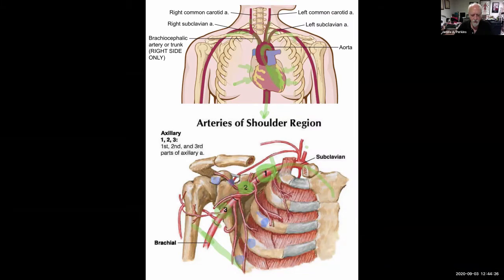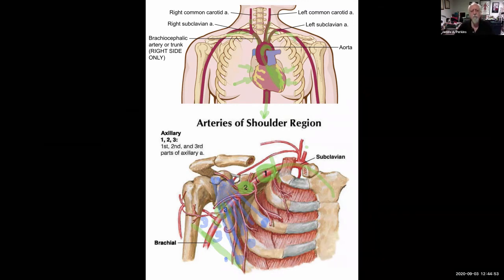So the pectoralis minor would be sitting about like so. That should be the second part of the axillary artery, the part that lies immediately posterior to that pectoralis minor muscle. So the third part should actually be down here. That doesn't look like a 3, but the third part should actually be down there, lateral to or beyond the pec minor.